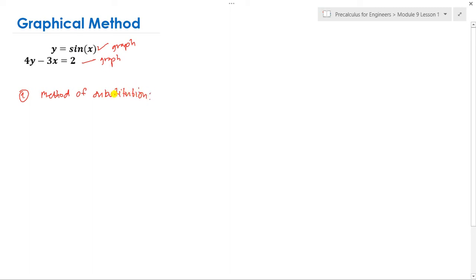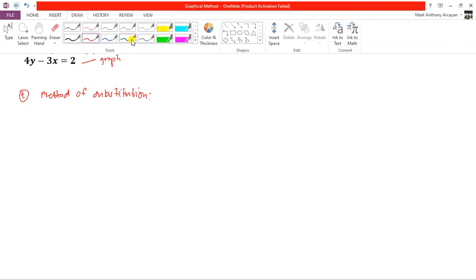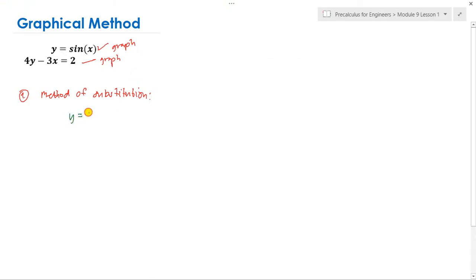For the method of substitution, we already have y as a function of x, that is y equals sin x. And in equation 2, we have 4y minus 3x equals 2. Since y is sin x, that would be 4 times sin x minus 3x equals 2.